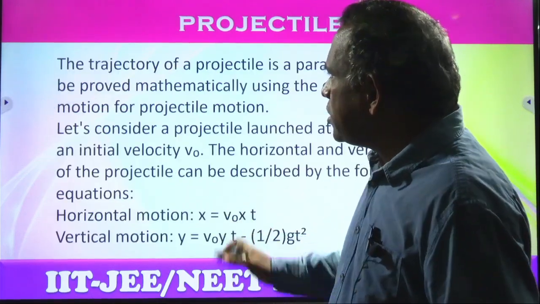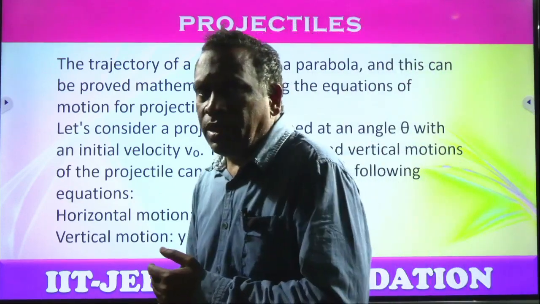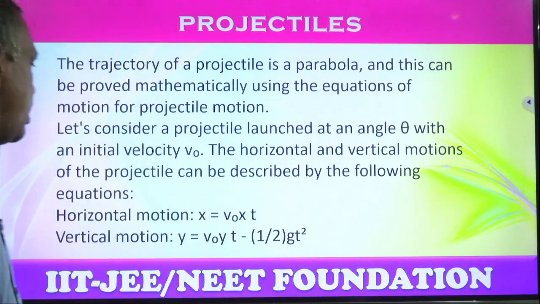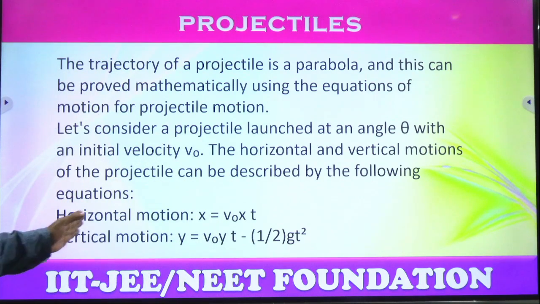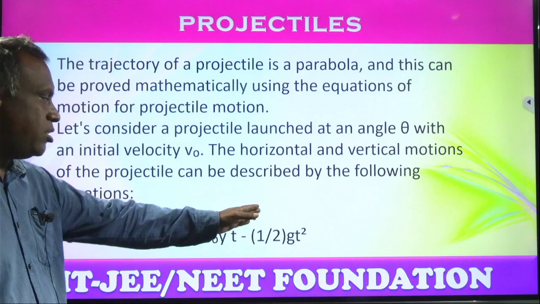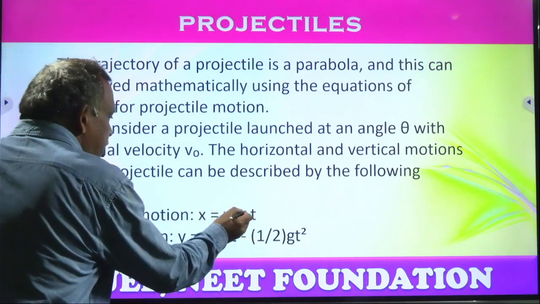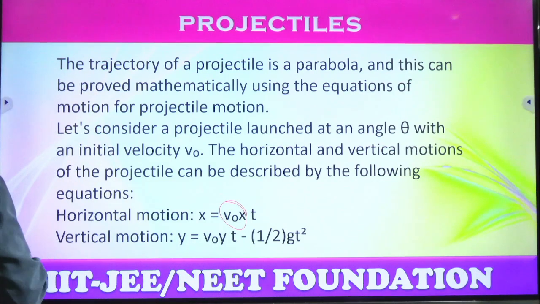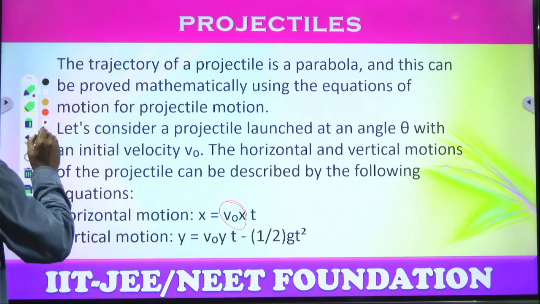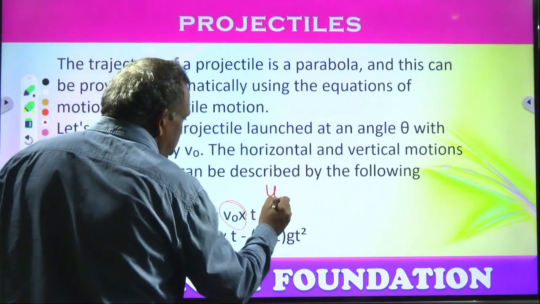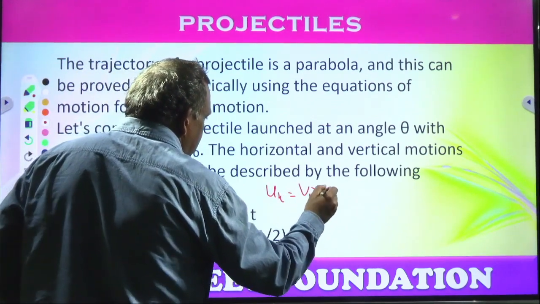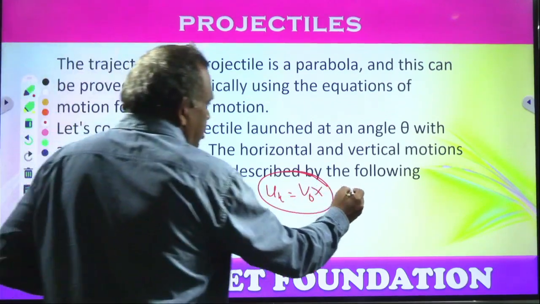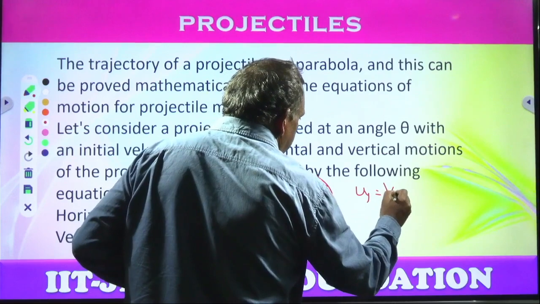Coming to the next slide, the trajectory of a projectile is a parabola, and it is proved mathematically. The equations are: the horizontal motion equation, x is equal to v naught x into t. Here, instead of ux, he has taken v naught x; it is assumed that ux is equal to v naught x, and similarly uy is equal to v naught y.